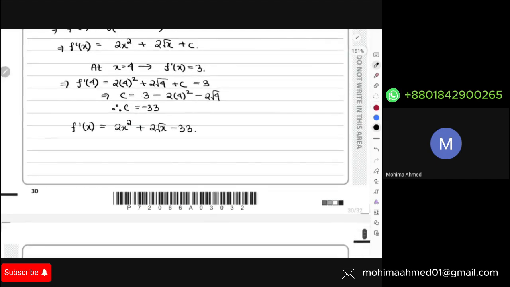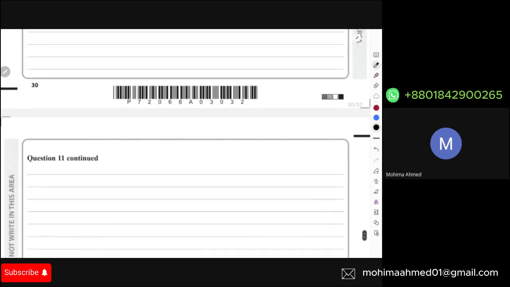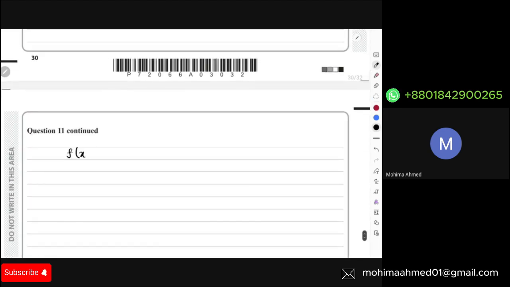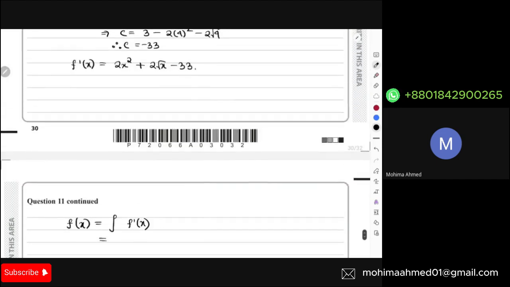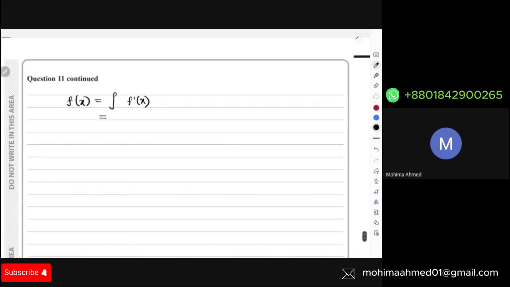And now in order to find the original f(x), I have to again integrate. f(x) is the integration of the gradient's equation. We had f'(x) as 2x squared. 2x squared is going to be what? 2 plus 1 is 3, so you have 2 over 3 x to the power 3. Then you had 2x to the power half.